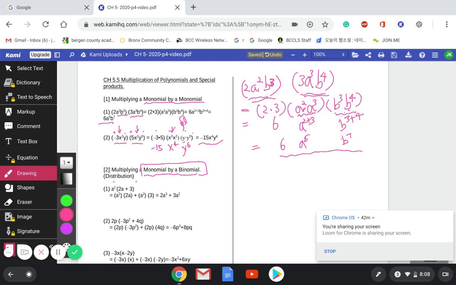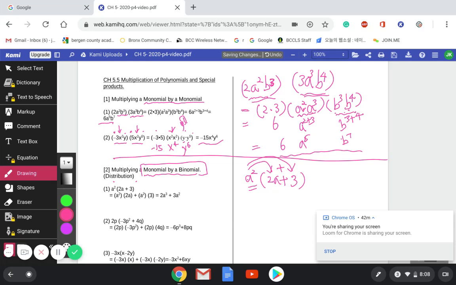So whenever you have addition or subtraction inside a parenthesis and there is something outside, you're supposed to distribute them. You multiply a squared with 2a plus you do a squared with 3.